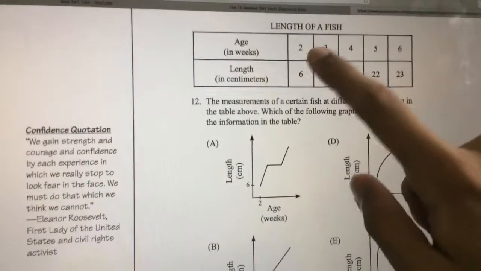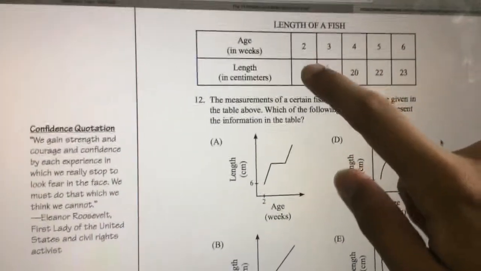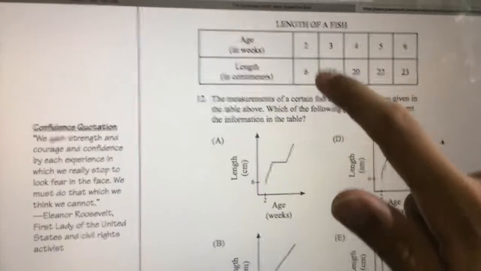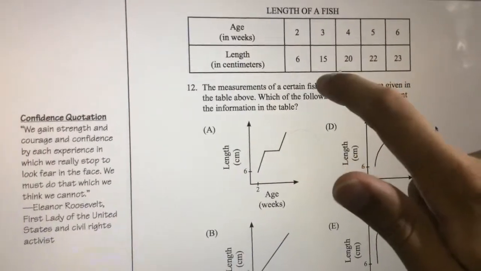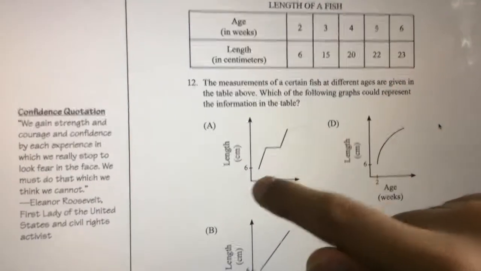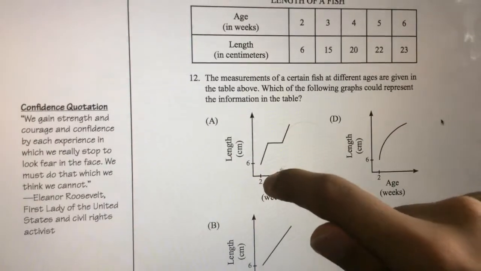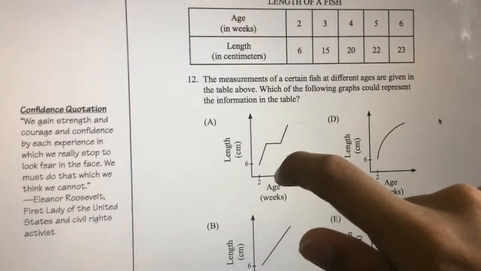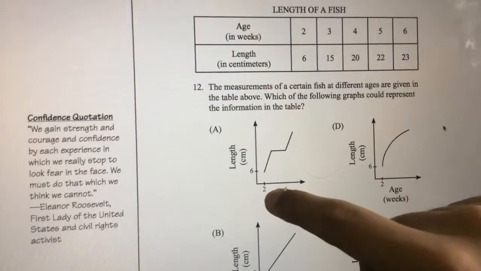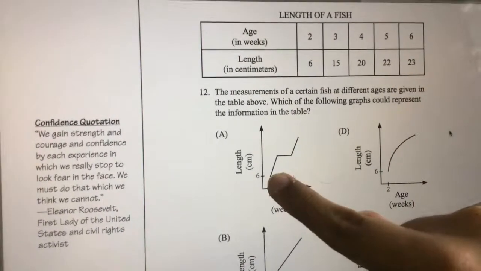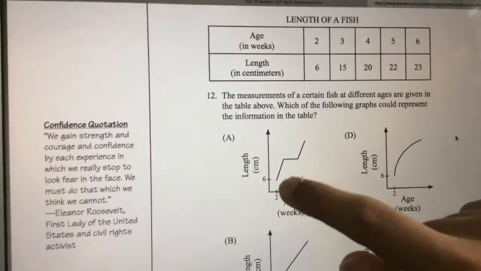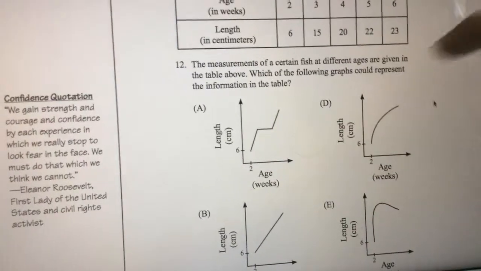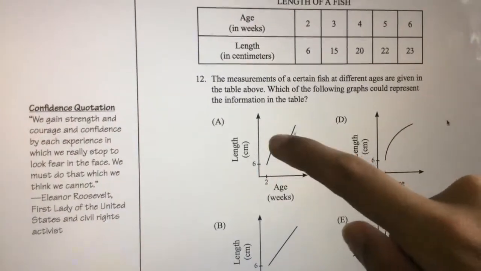Here I have a 6. Let me look. 2 and 6. Okay, this one looks good. 3, 15. This one is not the right one, because if it is 420, then I think that it needs to increase, you know guys.